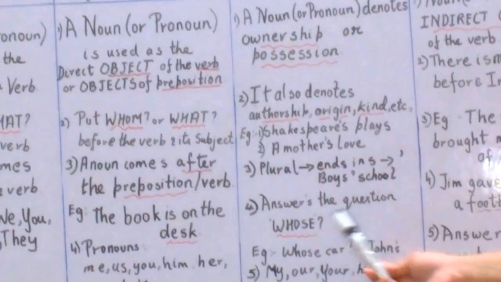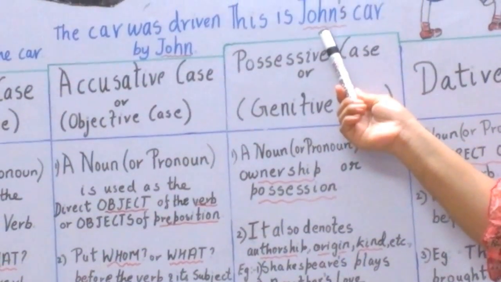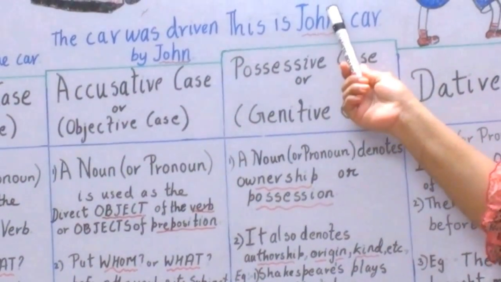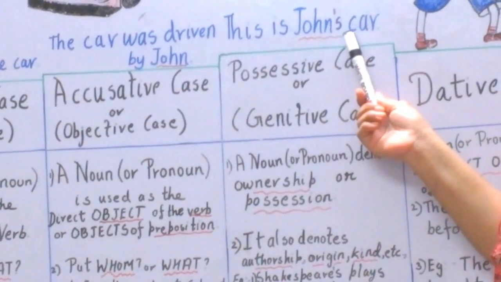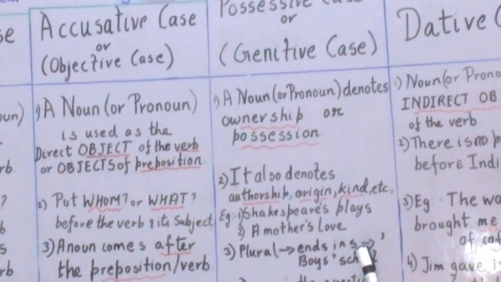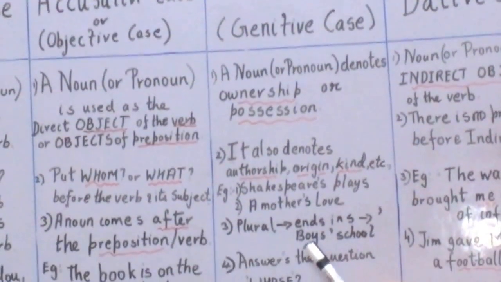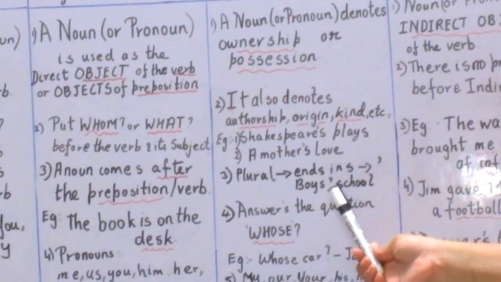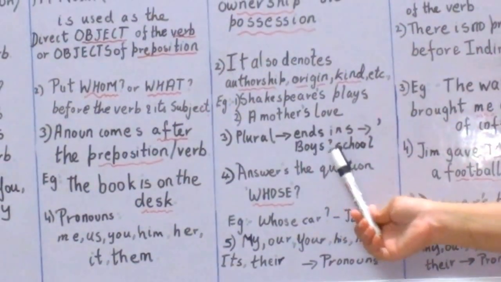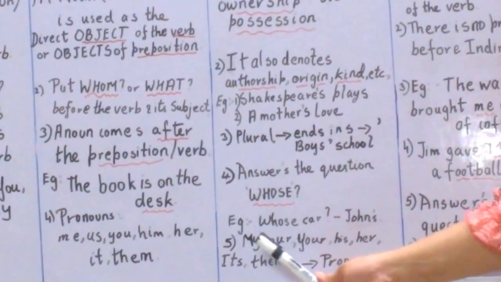So we answer the question whose. You will ask whose car? Yes, it's John's. It is singular and it has an apostrophe with an S. If it is plural and ends with S, then we only have to add an apostrophe. Suppose it is boys, then we only add an apostrophe: boys' school.